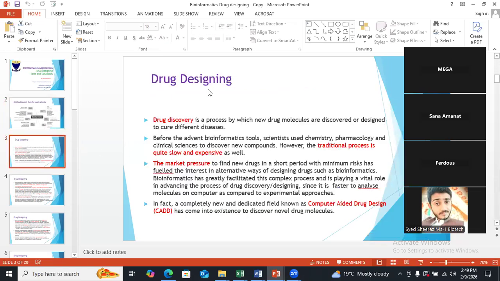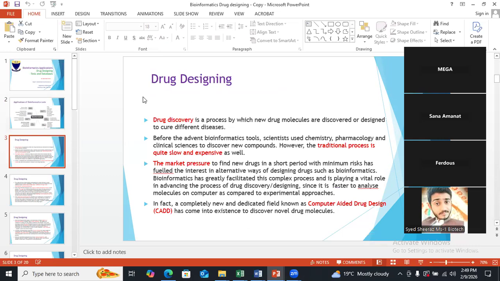So first of all, we have to understand what we mean by drug designing or drug discovery. Drug discovery is basically a process in which new drug molecules are discovered or designed to cure different diseases.